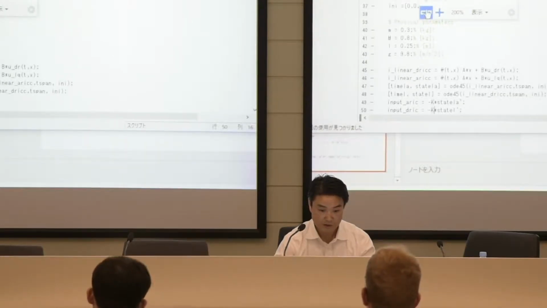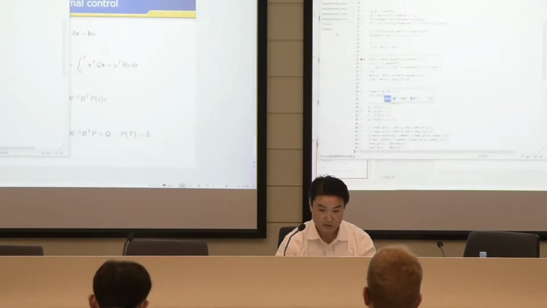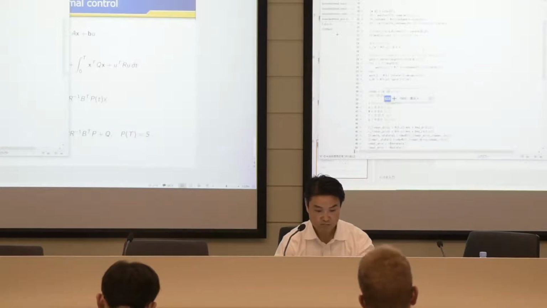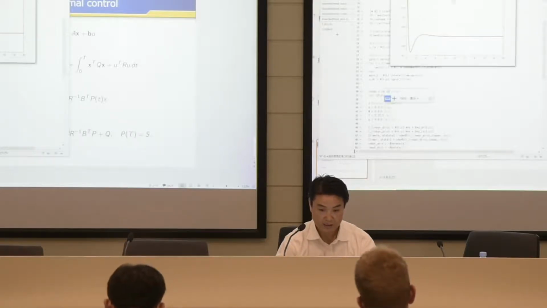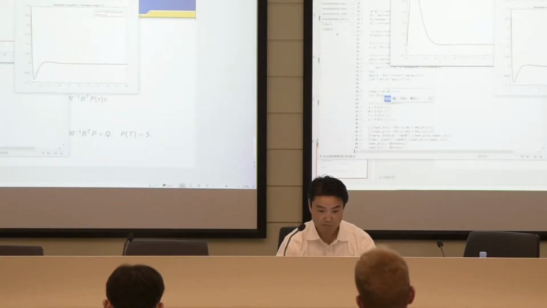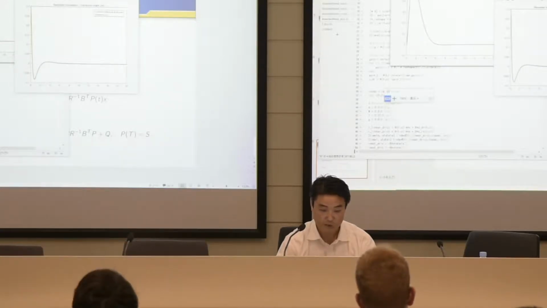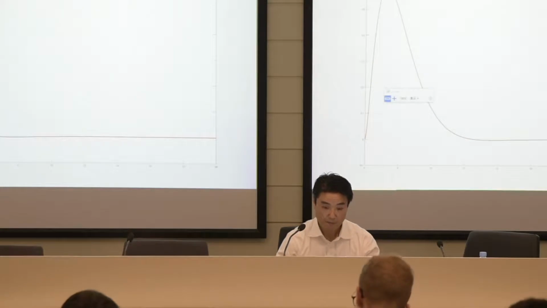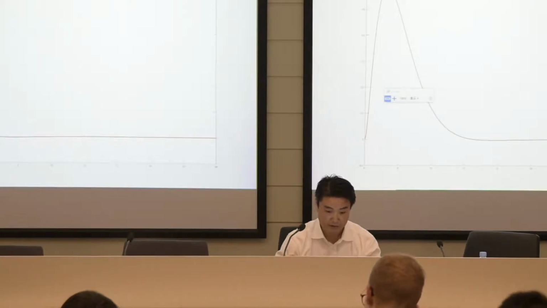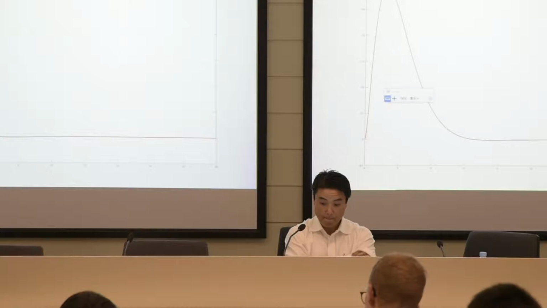And we can do the simulation and see the difference. Actually, not too different. These two lines are already at the same place, so you cannot really see the difference.